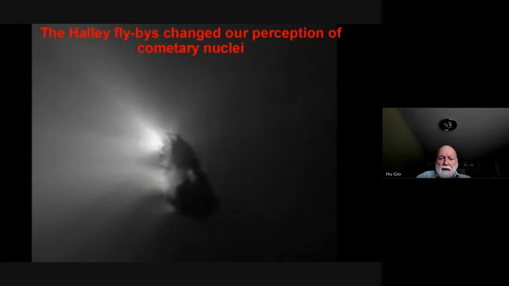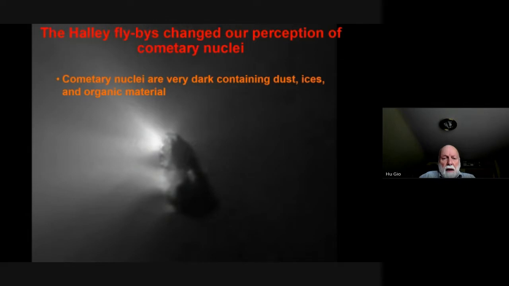But nevertheless, these first pictures of a cometary nucleus changed our perception of the nuclei. In contrast to the icy conglomerate model, we found that the nuclei are very dark, containing dust, some ice, obviously because of the activity, and organic material.